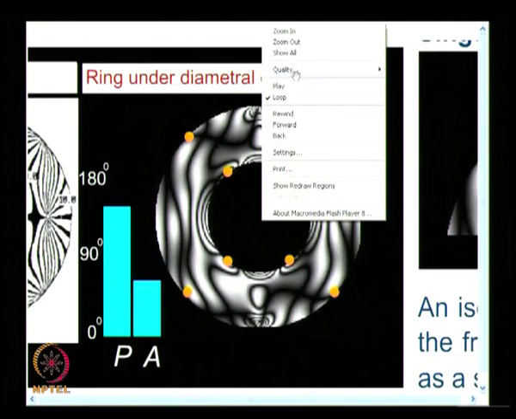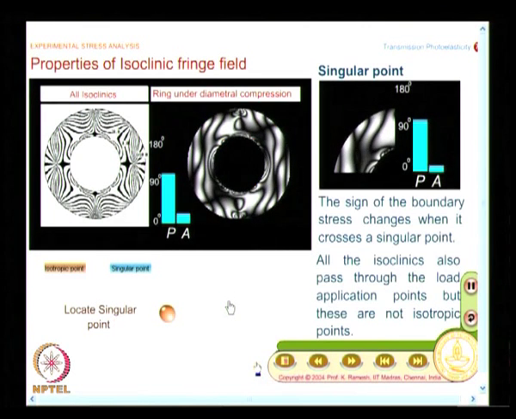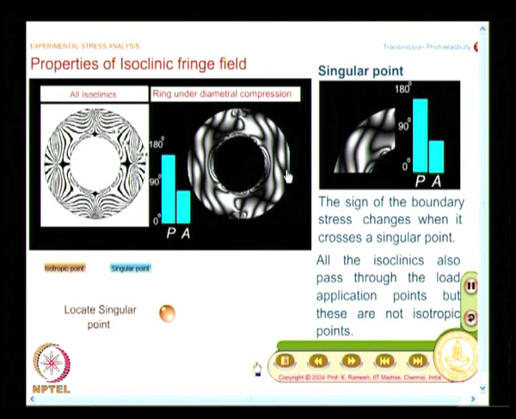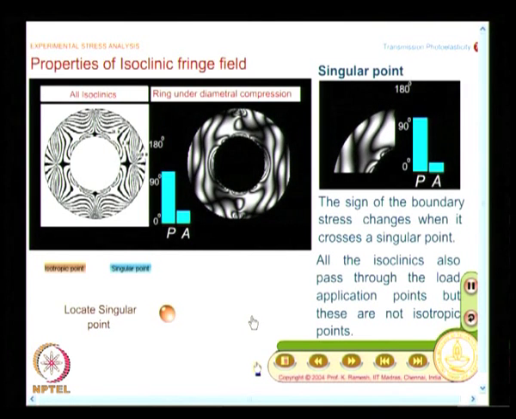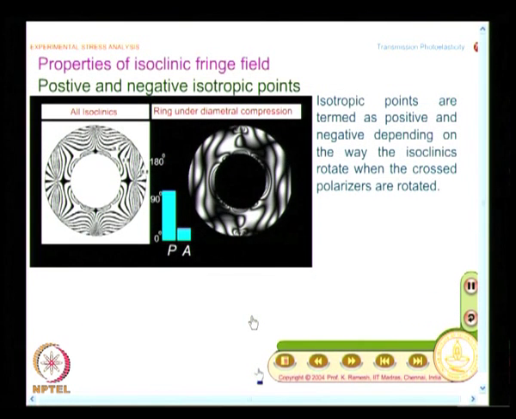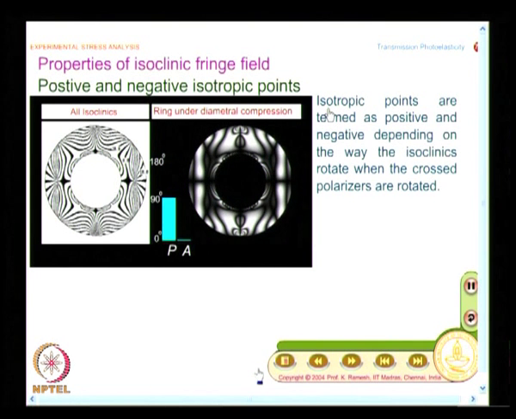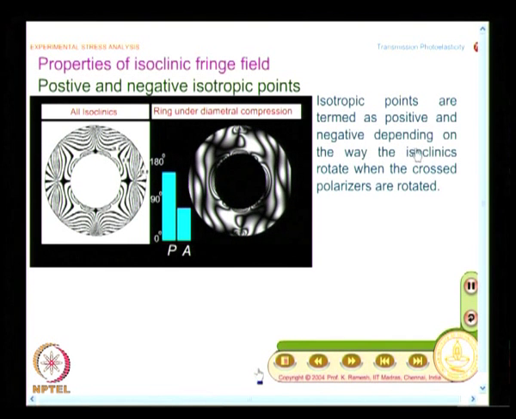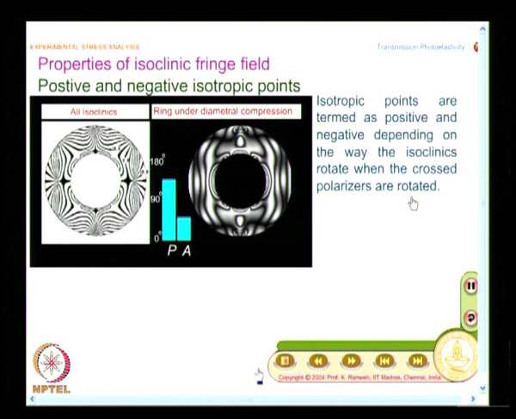And we have also made one small distinction, that when you look at the isotropic points, you find that the isoclinic fringes move in a particular fashion. We will see what it is. There is a special distinction. You also classify isotropic points as positive and negative, depending on the way the isoclinics rotate when the crossed polarizers are rotated.